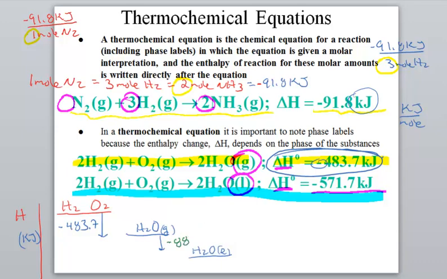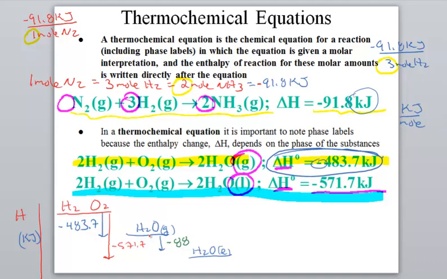Or if we look at the first one, to go from H2 and O2 all the way down to liquid H2O, that's a negative 571.7 kilojoules. It's really important to know what phase your reactants and products are in. It makes a big difference for the net change of enthalpy.